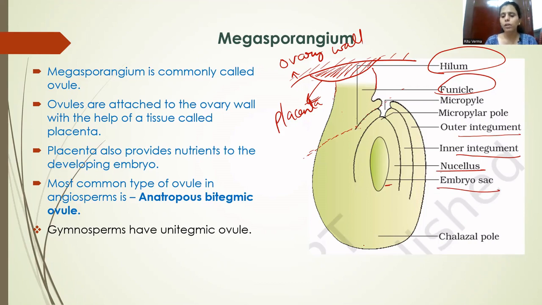Now the base of the ovule, from where the integuments appear to start, is known as the chalazal pole. The part of the ovule directly opposite to this chalazal pole is known as the micropylar pole. This is the area where integuments are absent, because integuments are present all around the embryo sac except at the tip of the embryo sac or the tip of the ovule.